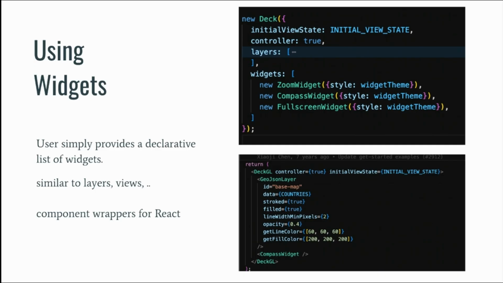And all of this also has React bindings. If you're in the React world, there are component wrappers for all of these. So in the lower example, you can see how you create a DeckGL component and then a layer component, and then just add a compass widget as a child of the DeckGL component.